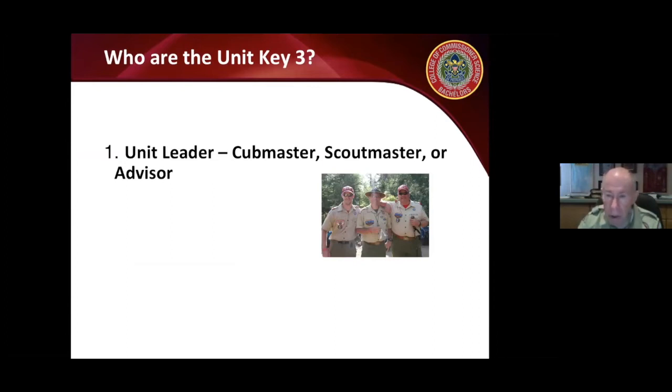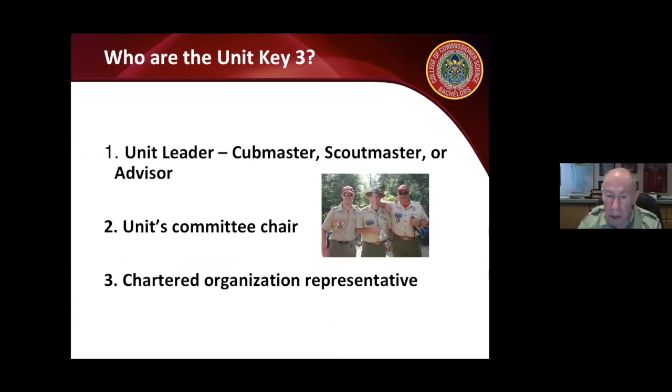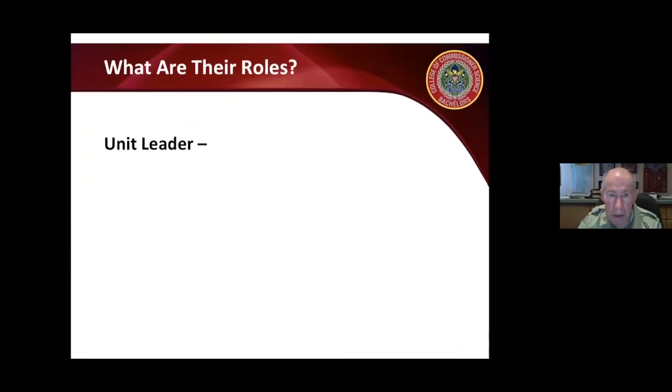Or if we're working with a crew, it would be the advisor. The second person would be the committee chair of that unit. And the third would be the chartered organization representative. So that's who the Key 3 is.